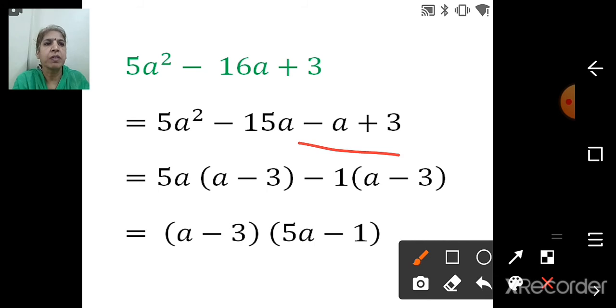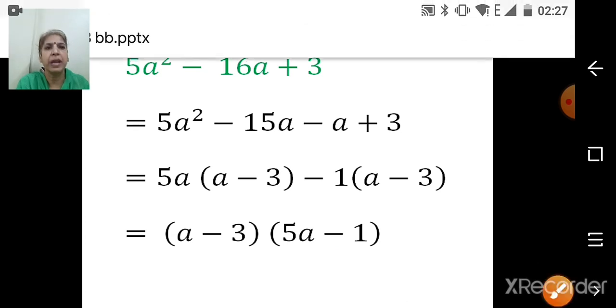So what will you write? Minus 1 common, uncommon here what will come? a minus 3. So which is a common bracket? a minus 3 common bracket. Uncommon you will take here 5a, here minus 1. So 5a minus 1. Factors are a minus 3, 5a minus 1.